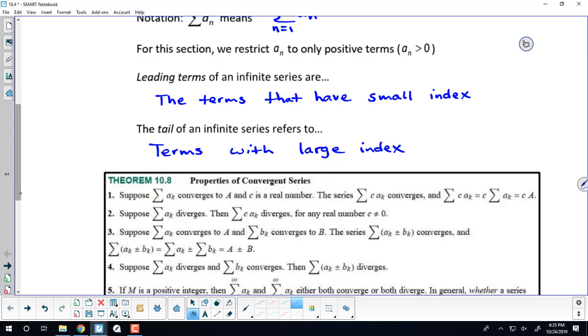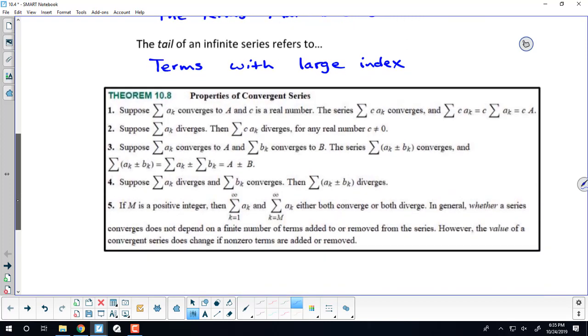So in really any infinite series we look at, the tail is what determines whether that will converge or not. It's not the terms at the first of the series, if you will. It's the tail of the series that implies convergence.